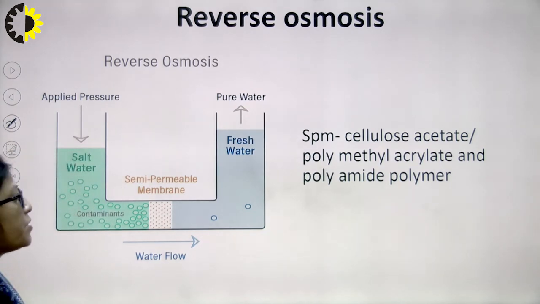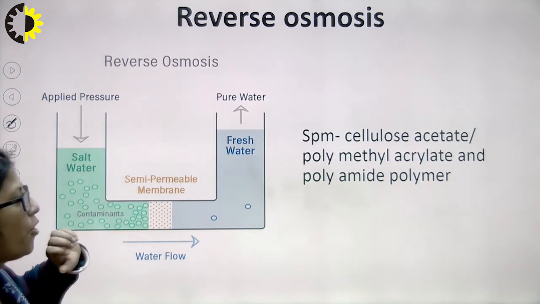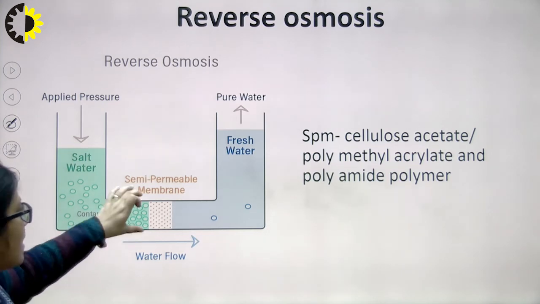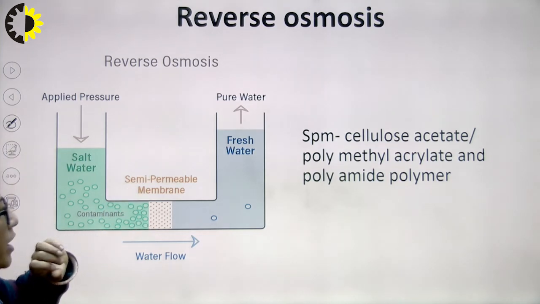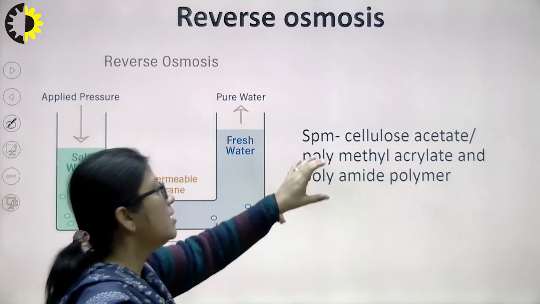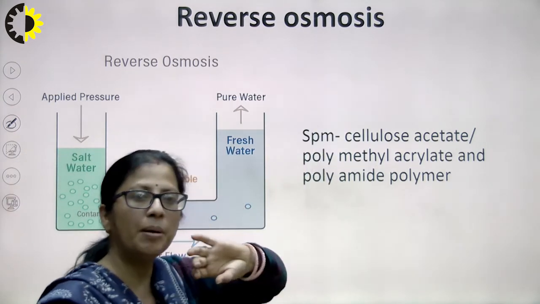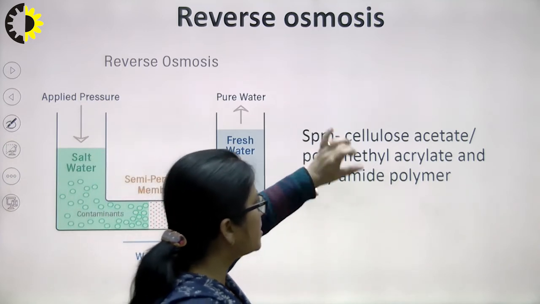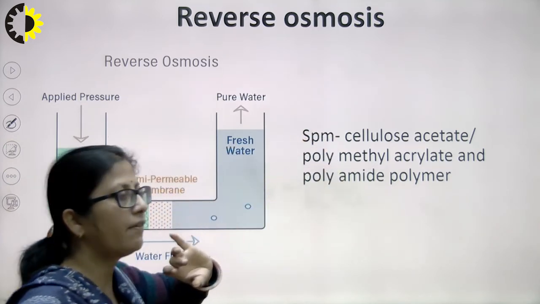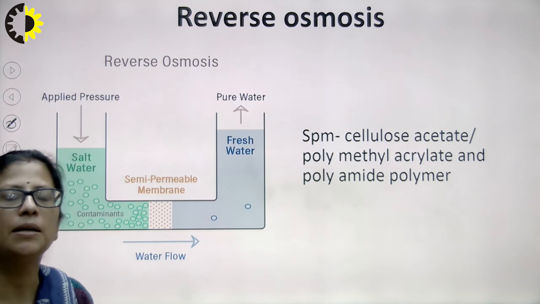So, this process is known as reverse osmosis, and the semi-permeable membranes that we generally use are polymeric membranes. It can be cellulose acetate, it can be polymethyl acrylate, or they can be polyamide polymers.